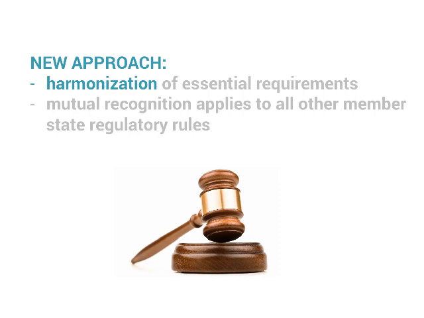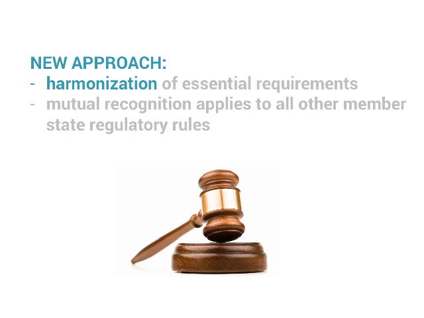Under this system, directives apply over two stages. First, the Union will adopt a directive harmonising those regulatory rules it considers vital for the protection of the market and consumers. Under the new approach, this is referred to by the European Commission as the harmonisation of essential requirements.